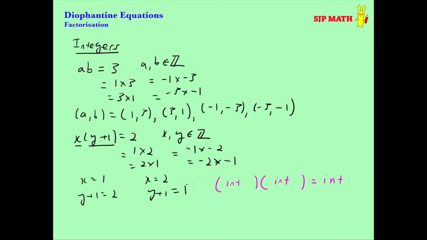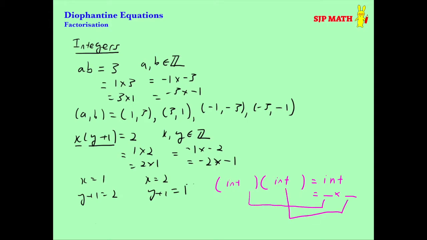For example, y plus 1 is always an integer if y is an integer, and y squared plus 2 would also be an integer. So we need an integer expression given the initial conditions of the problem. Then we can do this casework, because this integer can be expressed in only a finite number of ways as a product of two integers. So we can just plug them in.